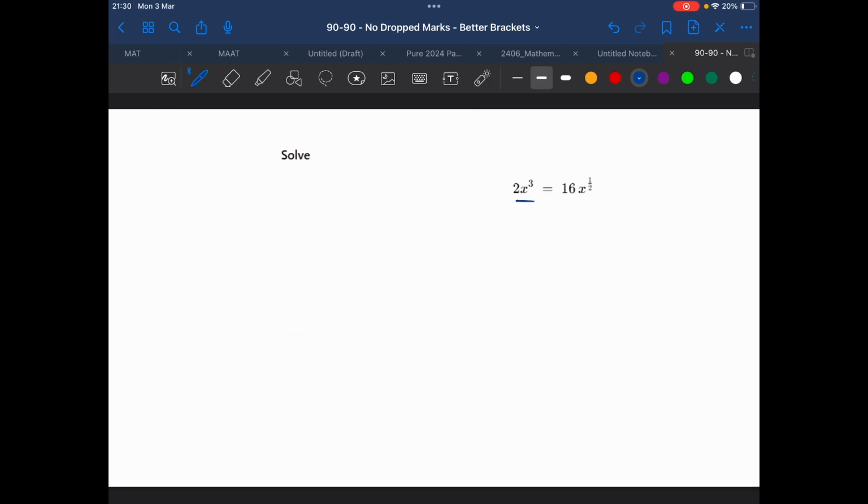Let's do another one. So here, notice again, if x equals 0, this is going to work, because 0 equals 0 makes that equation work. What other answers are there? Well, let's divide through and find out. So I'm going to divide by x to the half on both sides. 3 take away a half is 2.5, or 5/2. I'm going to get the numbers on one side.